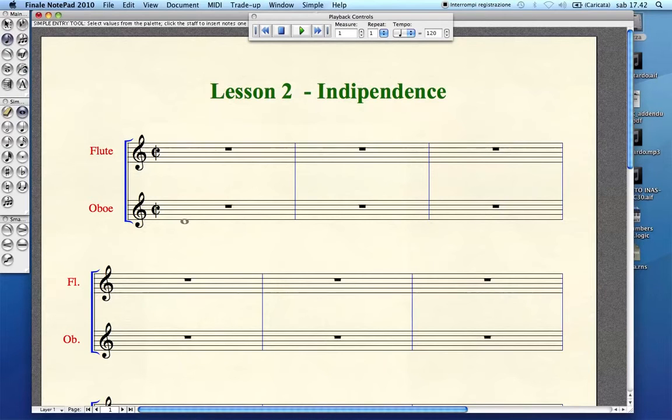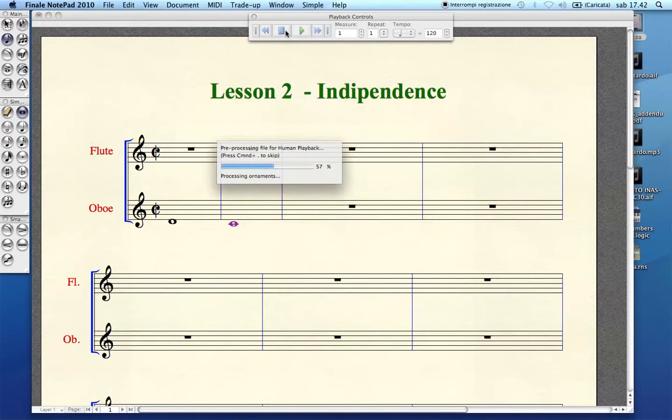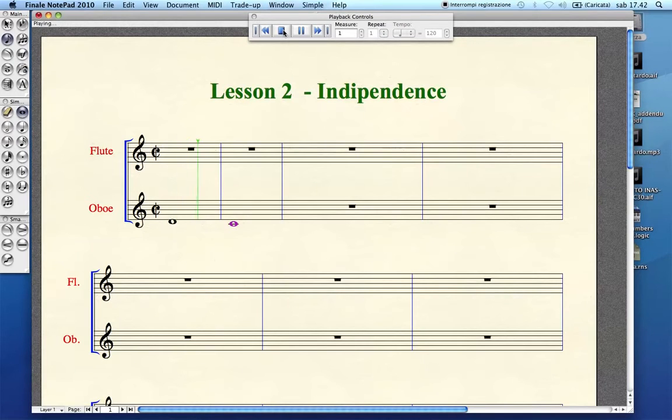So, for example, I write a very short melody for this oboe voice, like D, C. It sounds like this. So now we want to write a counterpoint for this very short two notes melody.